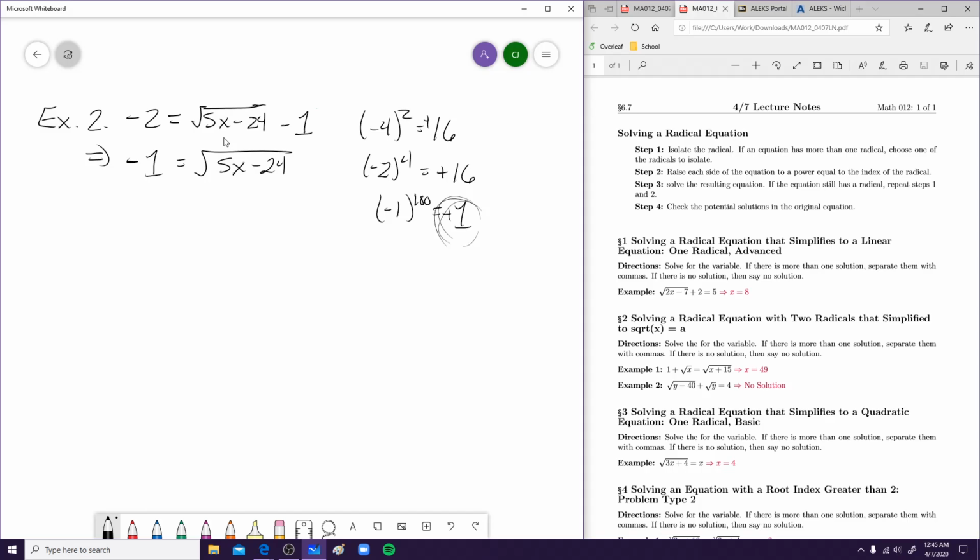So over here, as we can see, this is negative. This can never happen. If you take the square root of a positive number, you're always going to get a positive number. And since this is negative, what does this tell us? This tells us that this is no solution. Right? And that is the end of our section.